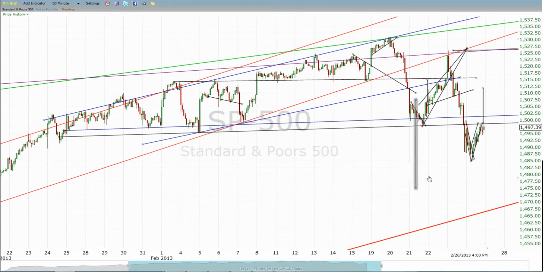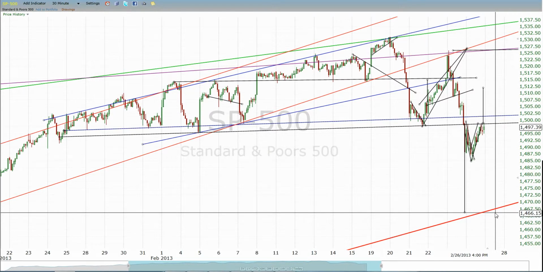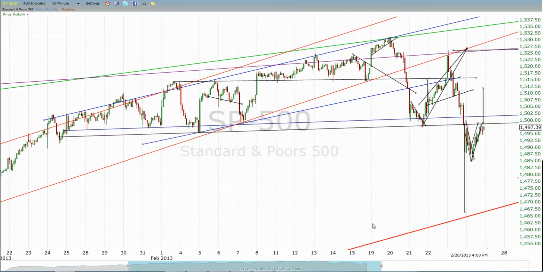Now, if we grab that measurement and add it onto where the market broke down, just to give you a refresher, we're looking at the 1466 level as a target, and that's a minimum expected target. Now I'm hoping that we get there over the next couple of days.